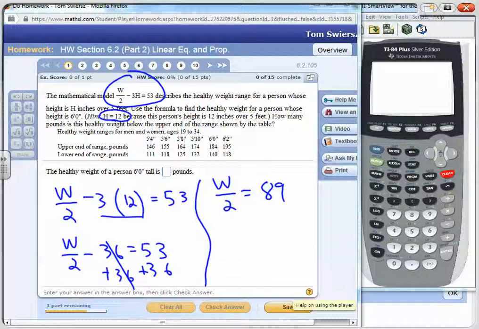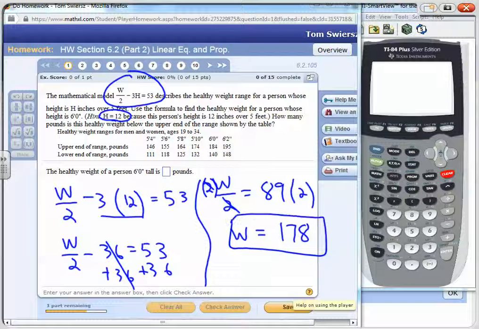And then W is divided by 2, so we're going to multiply by 2. So 2 over 2 is 1, or just W, and 89 times 2 is 178. So the weight is 178. That would be the healthy weight of a person 6 feet tall.